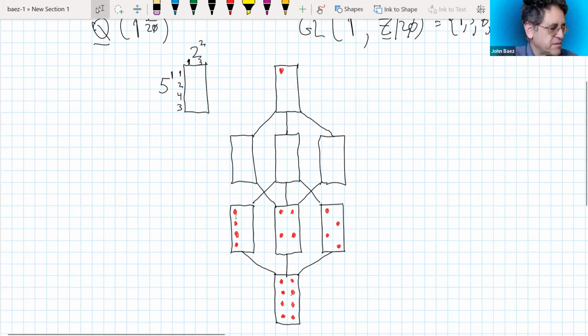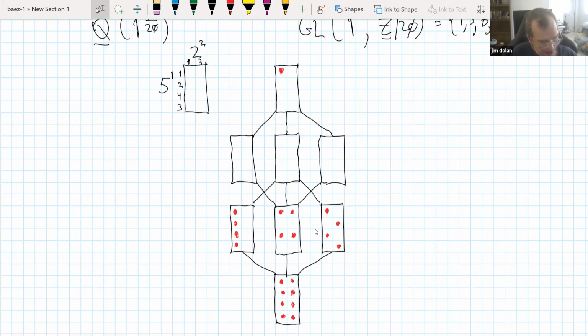So if you look at those 3 index 2 subgroups corresponding to quadratic extensions, the one on the left and the one on the right are cyclic subgroups. But the one in the middle is a Klein 4 subgroup. And that's why it's so busy in terms of having a lot of subgroups. It has 3 subgroups.